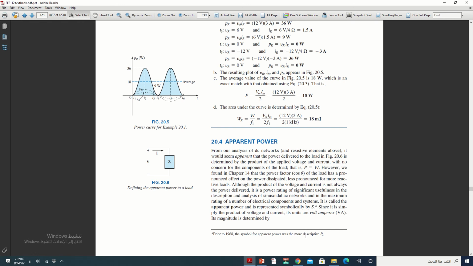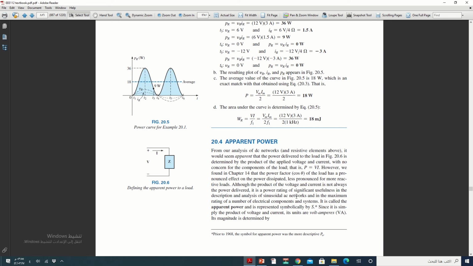Now, apparent power. It is a type of power that appears because we are dealing with AC power. Actually, it is the rate of power.